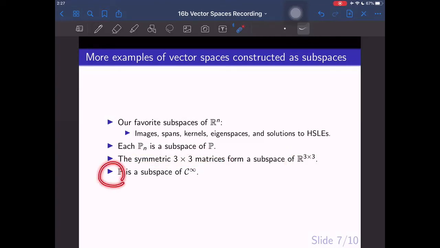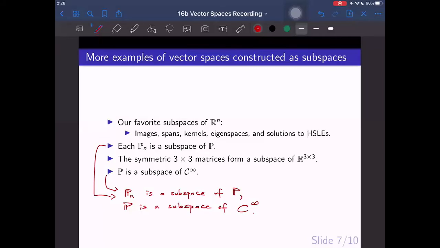This big set of all polynomials turns out to be a subspace of this bigger set C infinity, the space of all smooth functions. So here we have a chain of containment of subspaces. P sub n is a subspace of P, and P is a subspace of the bigger set C infinity.